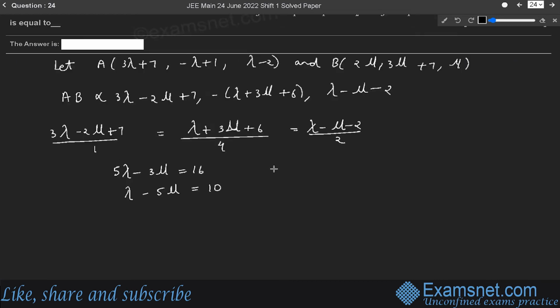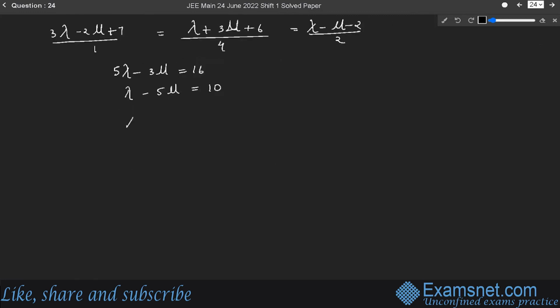Now, from both these equations, we get the value of λ equal to -5 and μ equal to -3.